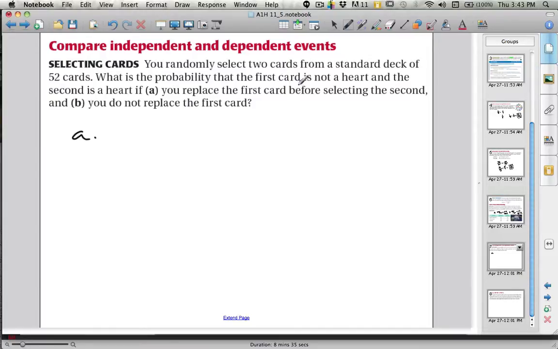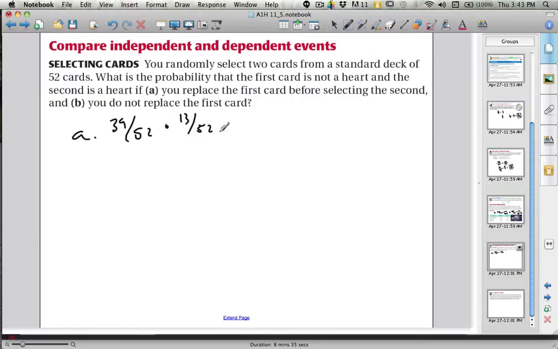So the probability of the card not being a heart is 39 out of 52. And the second card being a heart is 13 out of 52.